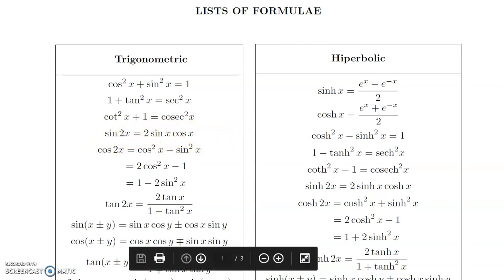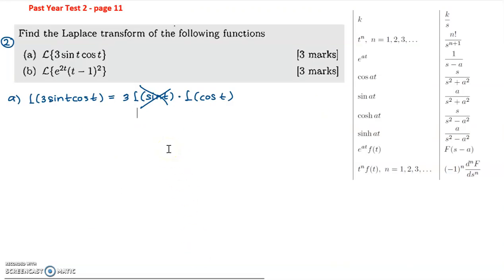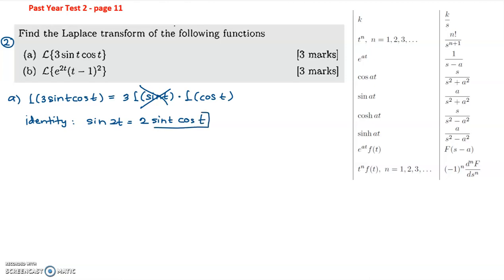But we need to change our variable accordingly. So from the identity, we know that sine 2t equals 2 sine t cos t. And if we refer to our problem, this is what we want to rewrite.